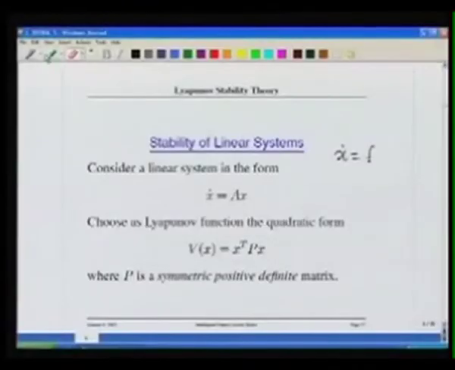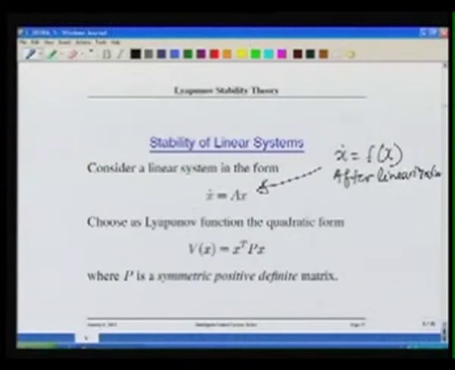Now, we go to the next further discussion. Our actual system is x dot equal to f x, and if we linearize this system, after linearization we write x dot equal to A x.